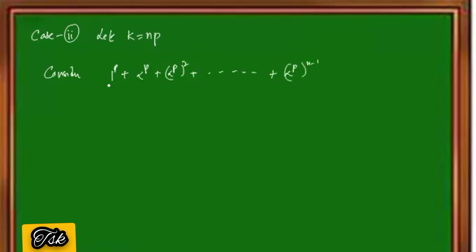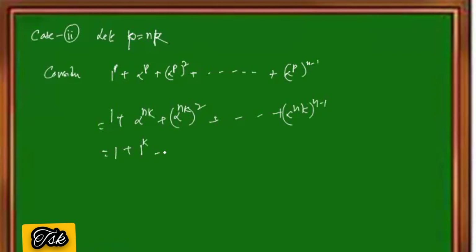Since p is equal to nk, where k is an integer, this can be written as 1 plus alpha power nk plus (alpha power nk) whole square, and so on, (alpha power nk) whole to the power of n minus 1. This implies 1 plus (alpha power n) to the power of k, then (alpha power n) to the power of 2k, and so on, up to (alpha power n) to the power of k into n minus 1.